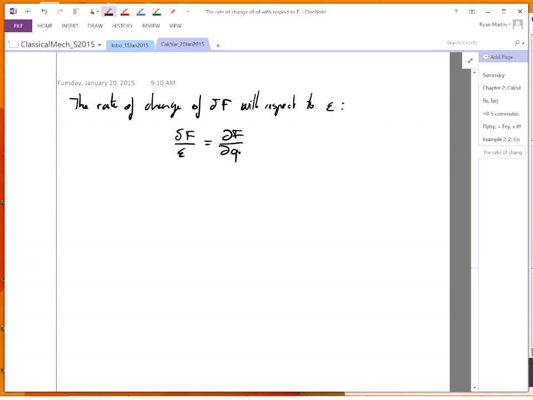And so that'll be equal to ∂f/∂q1. And so the delta q1, which was epsilon times alpha 1, the epsilon's been divided out, and so I just have alpha 1 plus ∂f/∂q2 alpha 2 plus ∂f/∂qn alpha n.